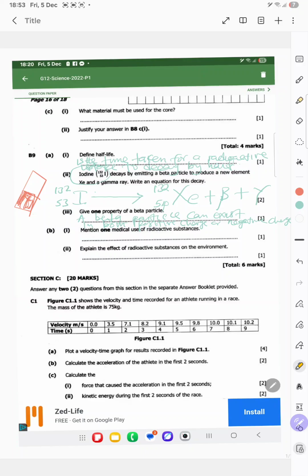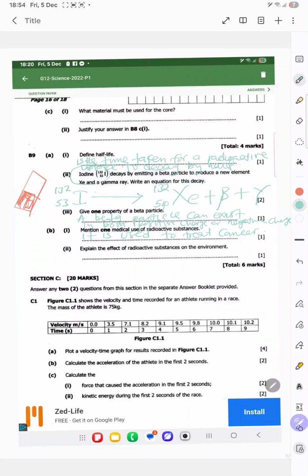It can be thyroid cancer, it can be skin cancer, but mostly we use it in skin cancer treatment. So you can just say it is used to treat cancer. Alright, so that's how you're supposed to answer that question.